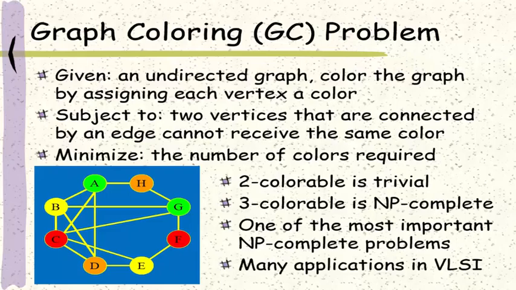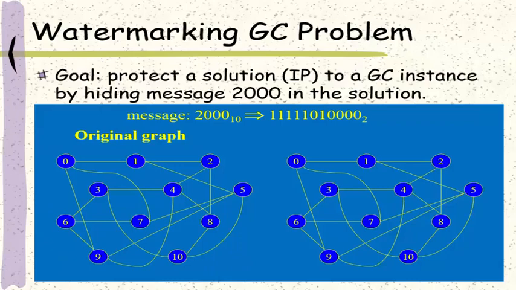Now we will show how we can embed a watermark into a solution to the graph coloring problem. So what we have here is a graph with 11 nodes and probably around 20 edges. What we want to do here is protect our solution to a coloring scheme of this graph.